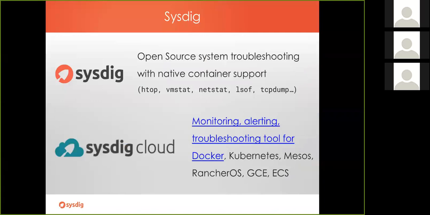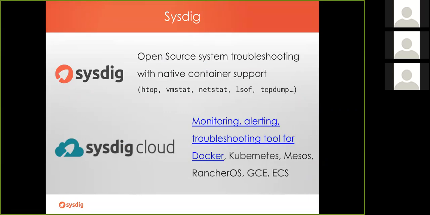Most of you probably know us, you know Sysdig, but it's worth mentioning just for a couple of seconds before getting started. Sysdig is an open source system troubleshooting tool that has native container support, and that makes it very special when working with Docker or Kubernetes or any other container platform.